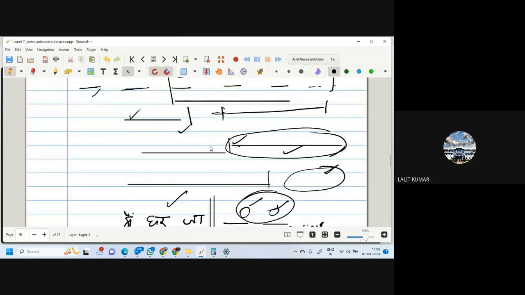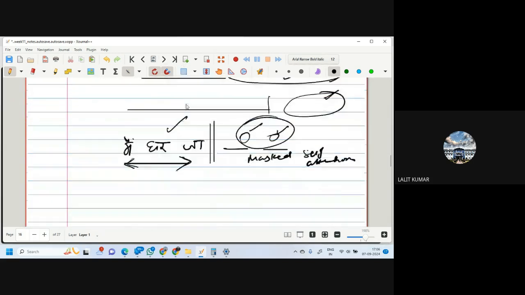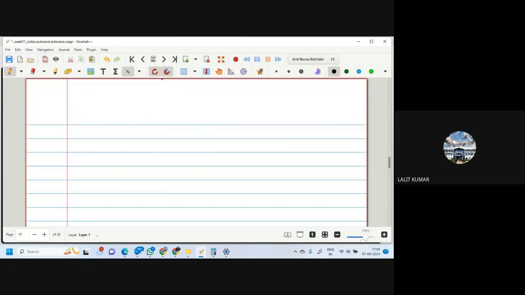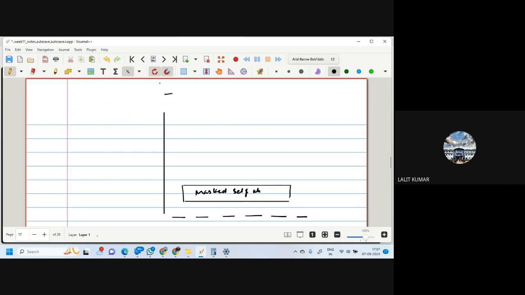So I'll just cover the architecture again. In the decoder, this is the entire decoder part. Here the decoder is giving input one by one, autoregressively. The output of the first step becomes the input to the second step. Here we do the masked self-attention, for which we have WQ decoder, W key decoder, WV decoder.